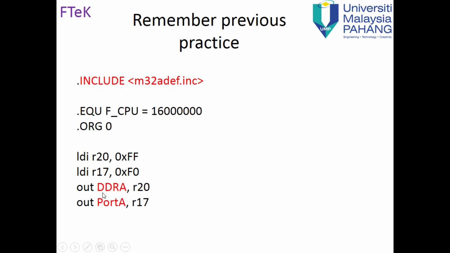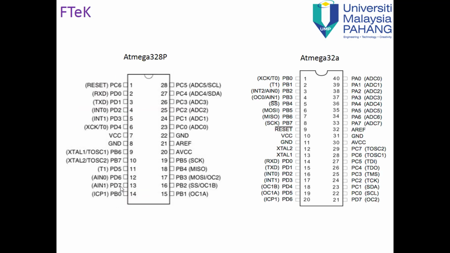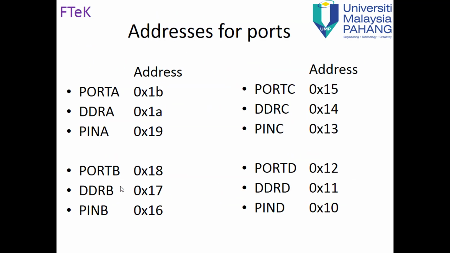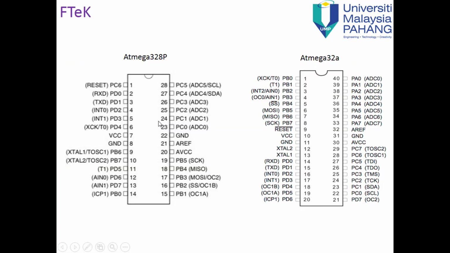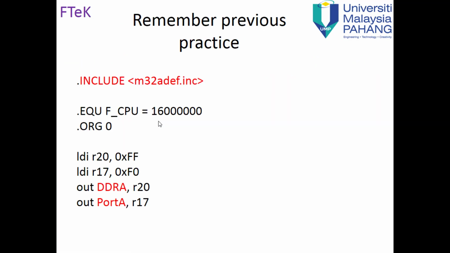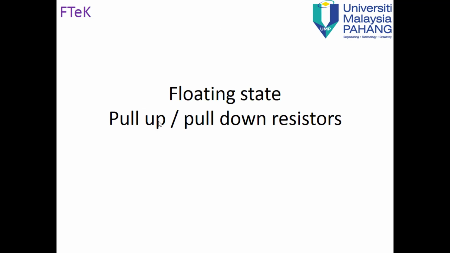Now instead of writing the address, we can just include the library and write DDRA, PORTA, and PINA. PINA will be replaced by the address 19, and DDRA is replaced by the address 1A. It's 19 and 1A because it's hexadecimal. So this is how we can make use of the include file. No need to remember all the addresses.